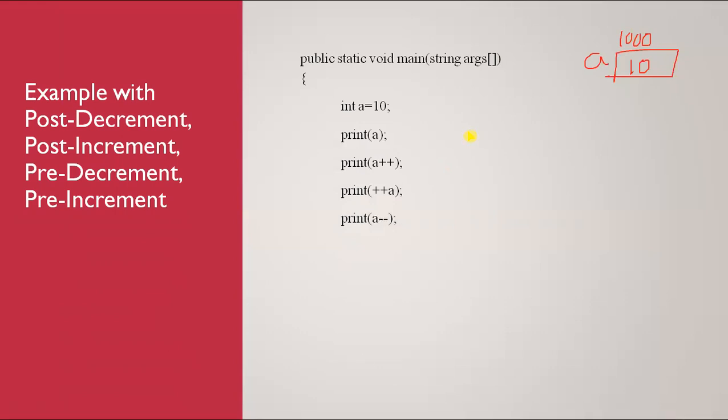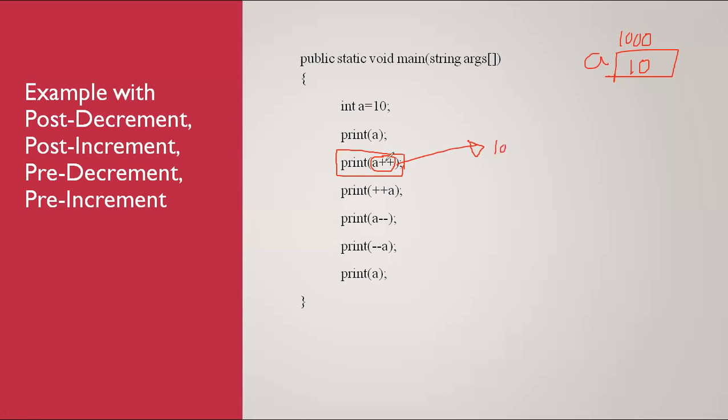Let us go one after the other. I have different prints here, but this time I kept the a plus plus and minus minus inside the statement, that is inside System.out.println. As I said, this is post increment, which means the value of a will get incremented only after this statement. So while printing a, the value of a would still be 10.